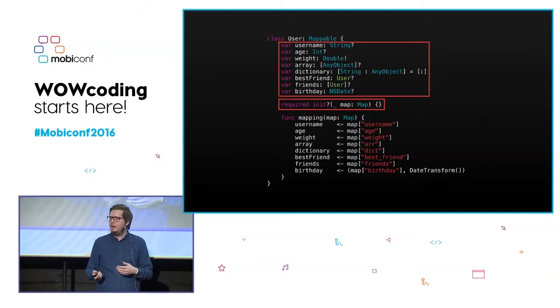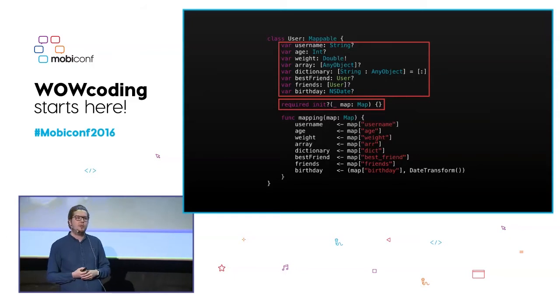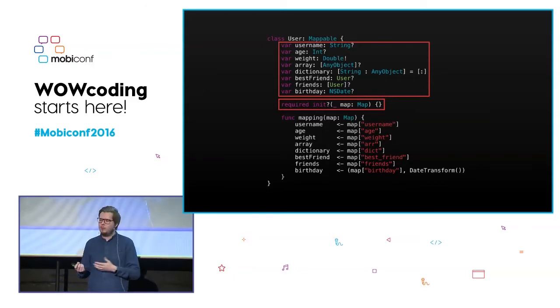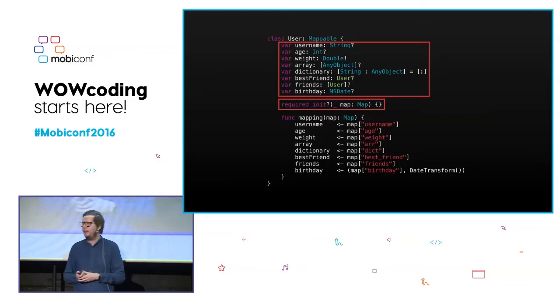And that's because they had these kind of magic functions that would go in and map after your object was created. And for me, this was really not something that I wanted either, because I didn't want to have to unwrap all these optionals every time I was using them. And I also didn't want to introduce a lot of mutable state in my app. I wanted to keep things constant as often as I could.